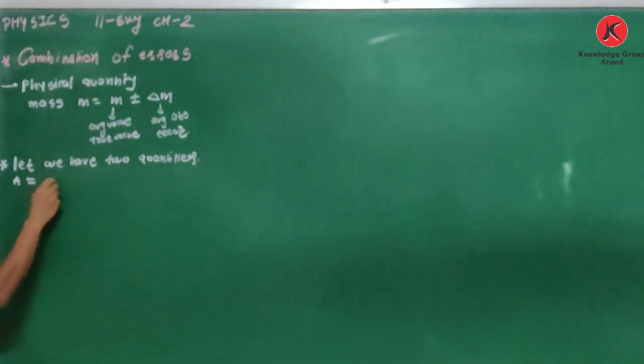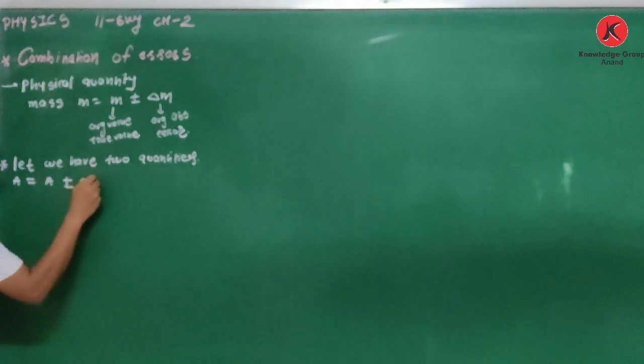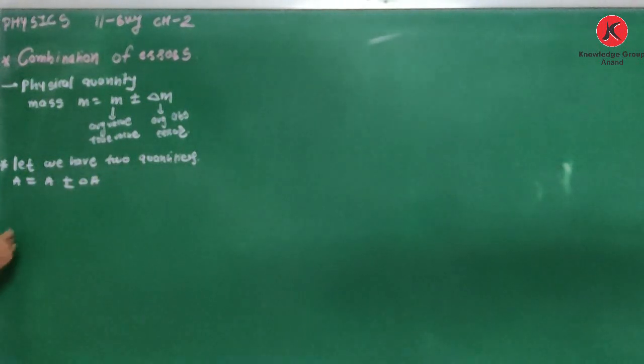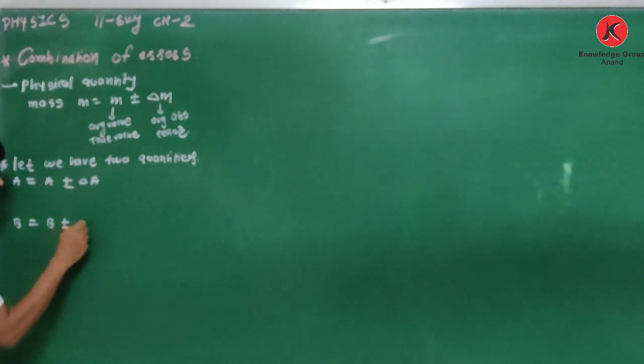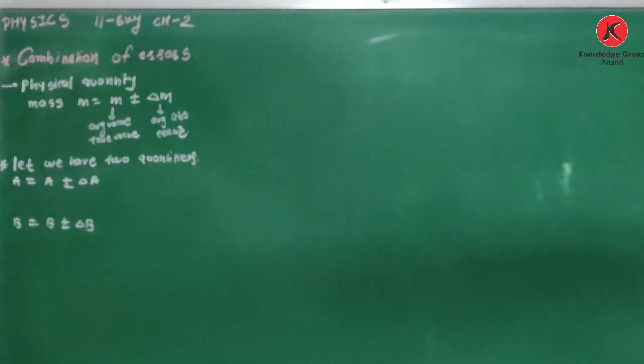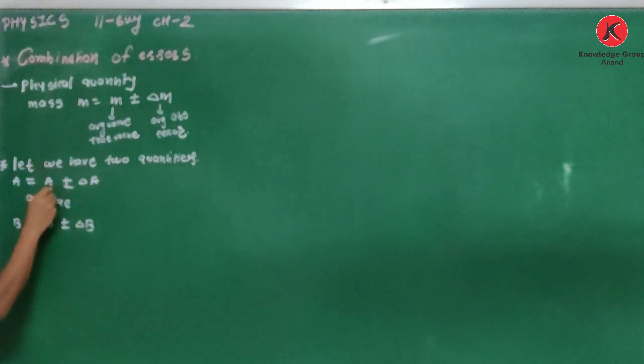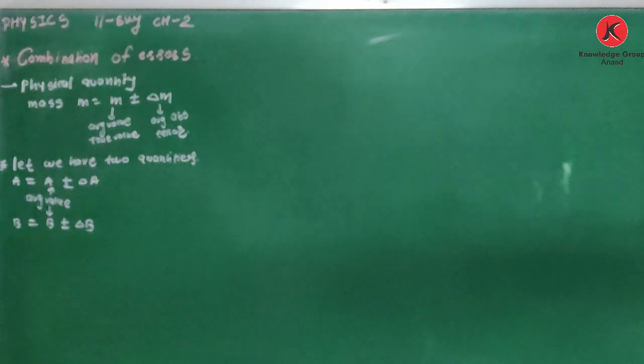A is equal to A plus or minus delta A, and B is equal to B plus or minus delta B. Clear about this? See, this A and B are called true value or average value.